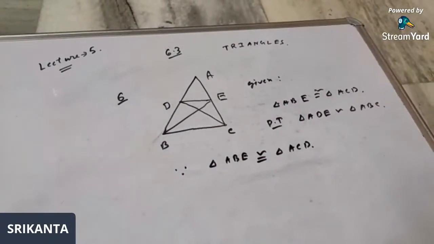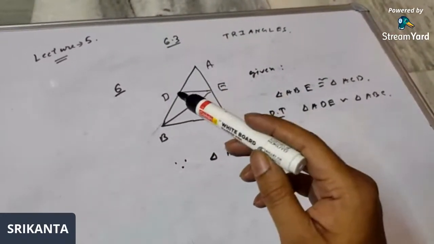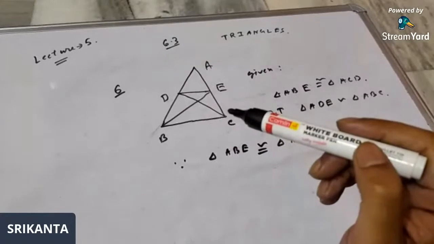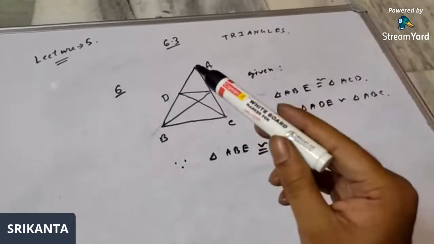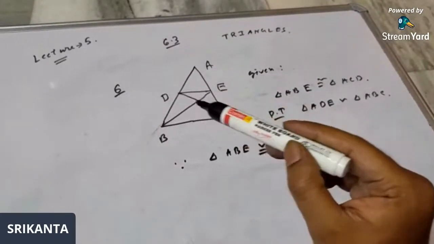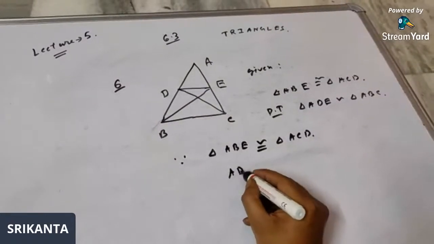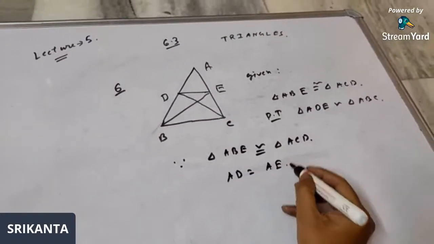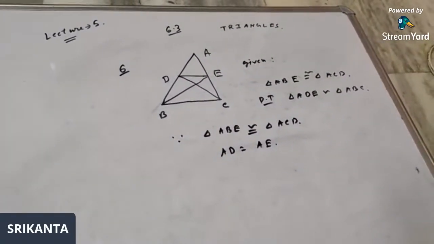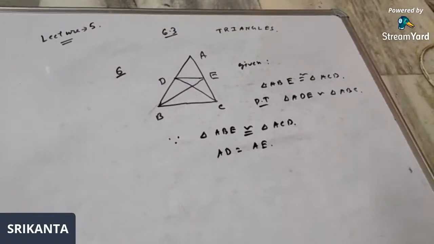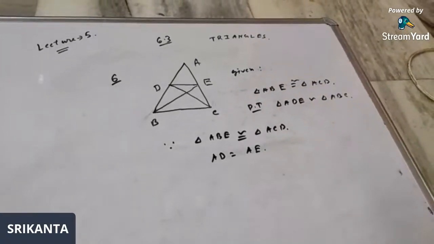At first, let us see that since this triangle and that triangle are congruent, what can we say? We can say AE is equal to AD. See, this triangle and this triangle are congruent. So we will say AD is equal to AE, right? Clear?